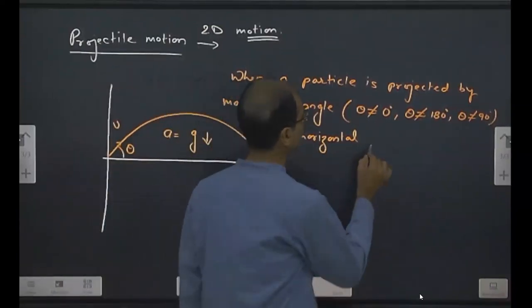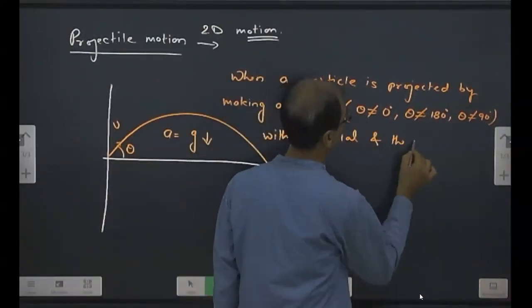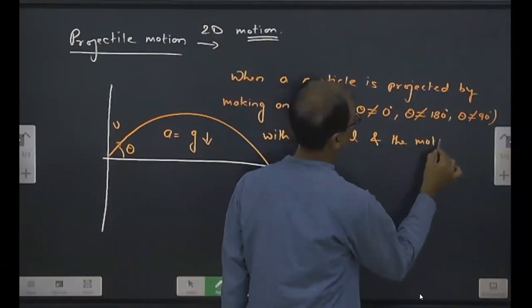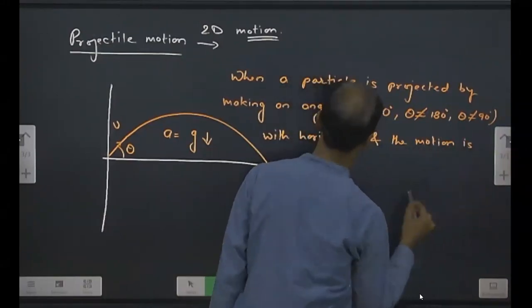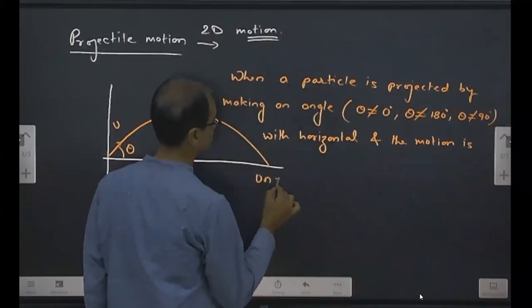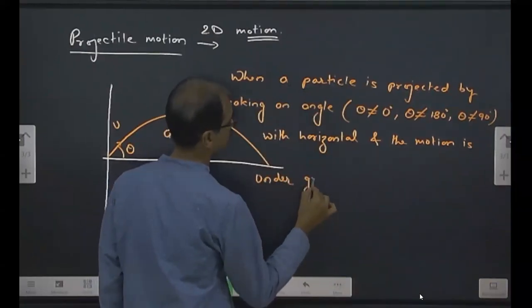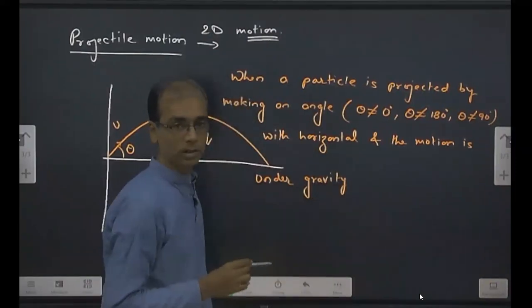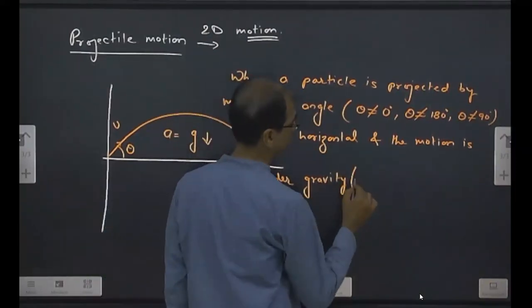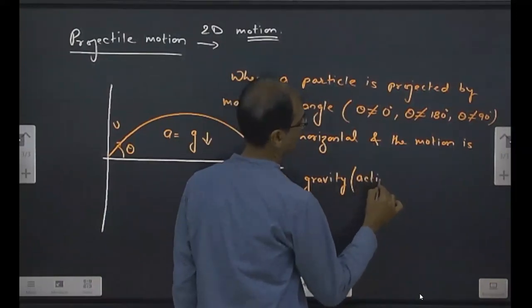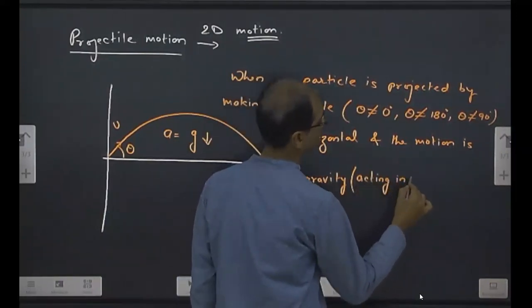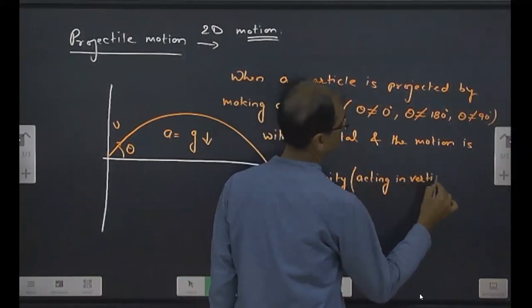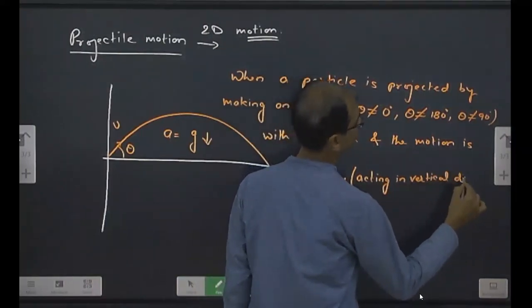And the motion is under gravity, which is acting in the vertical direction. You'll be saying that it always acts vertically. Why am I writing it?